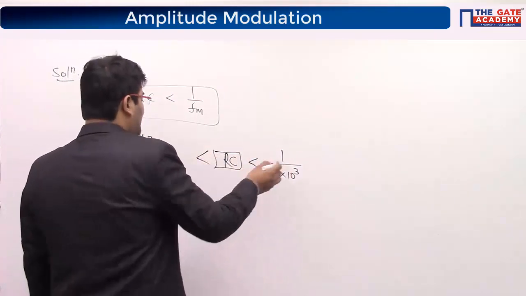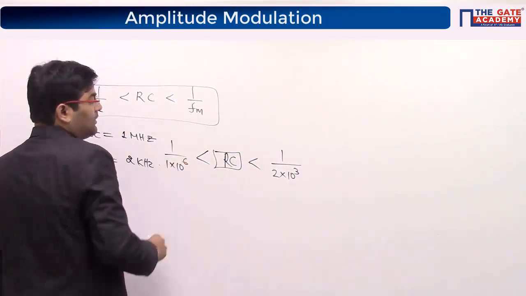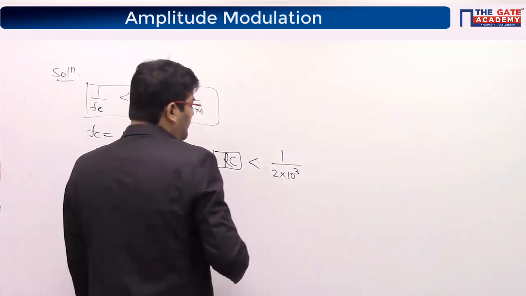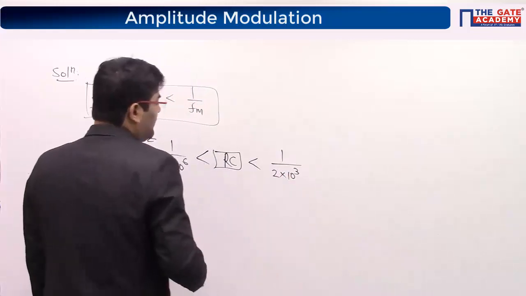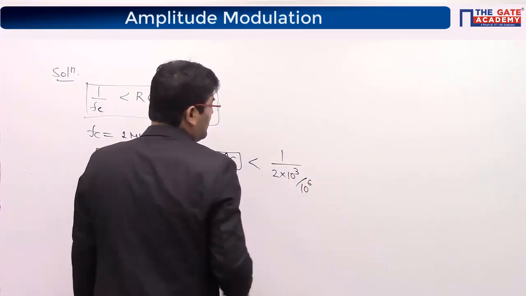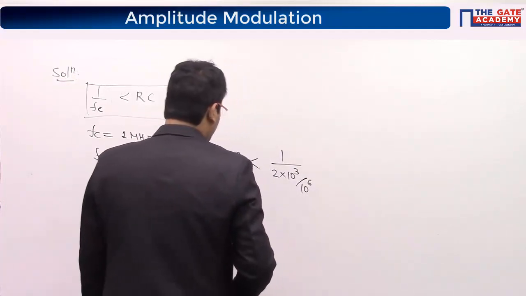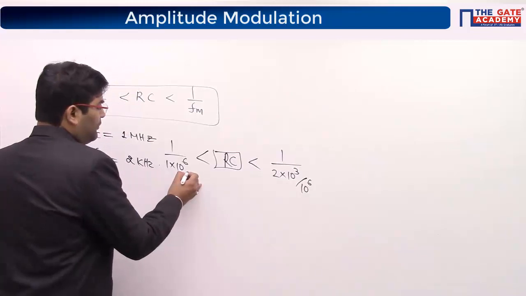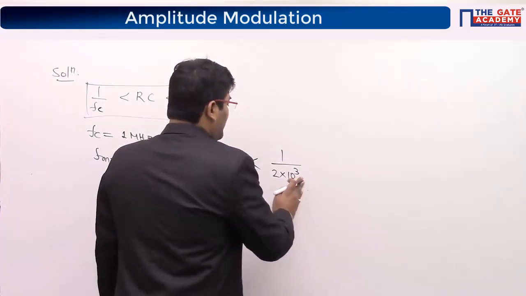Let me first write in seconds, and the other bound will be 1 upon 1 into 10 to the power 6. If you want to make it into microseconds, you have to multiply by 10 to the power 6, and so on.